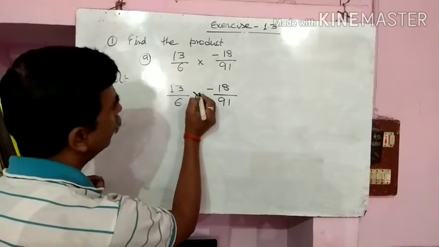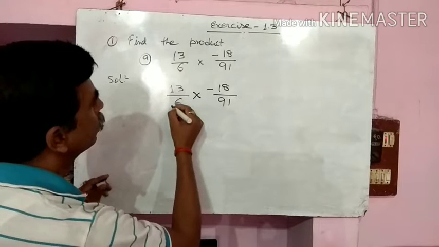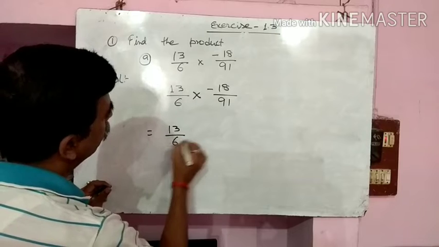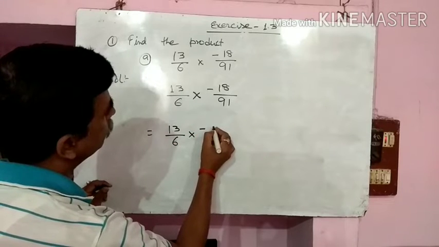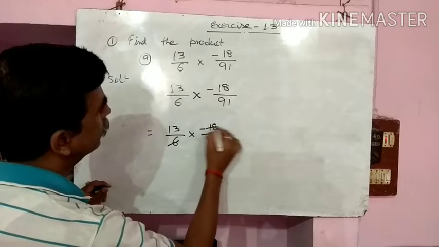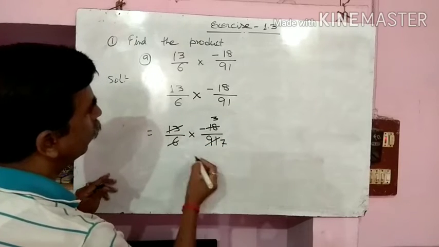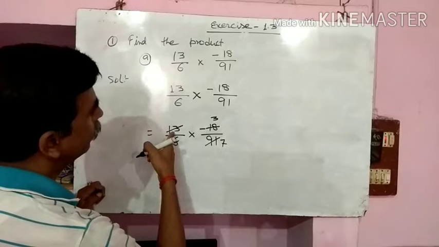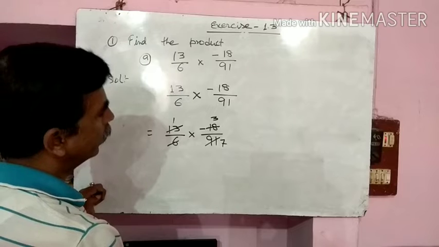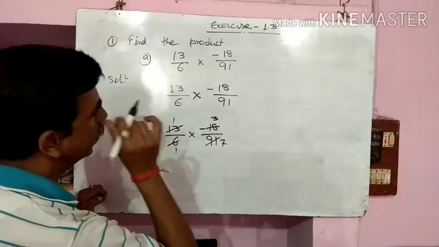There is a sign of multiplication, so in that case numerator and denominator can be cancelled. 6 3 times 18 and 13 7 times 91, so 13 cancels 13 and 13 7 times 91, and 6 1 times 6 and 6 3 times 18.